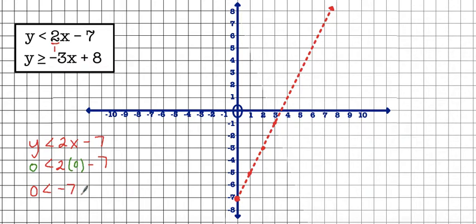So we end up with 0 is less than negative 7, which is not true. So instead of shading the left side, we're going to shade the right side since we know that the left side is not true. Now, you could check another coordinate just to be sure, but after we simplify this inequality, we can see it is not true. So we're going to shade to the right side of this line.